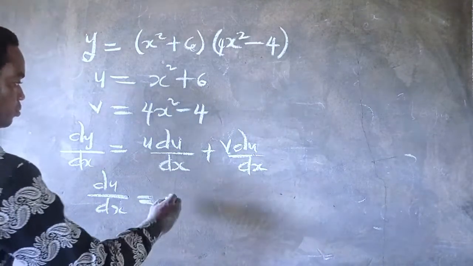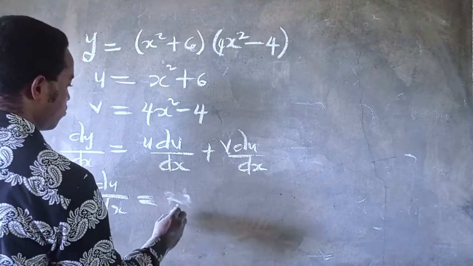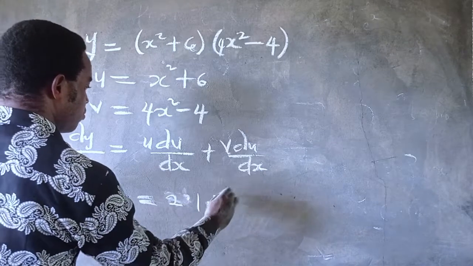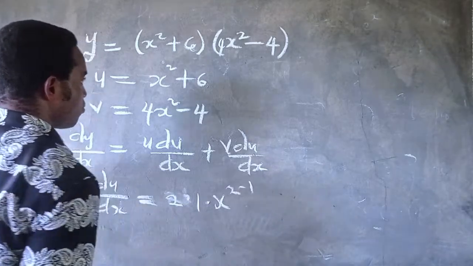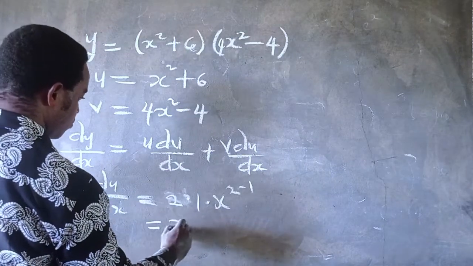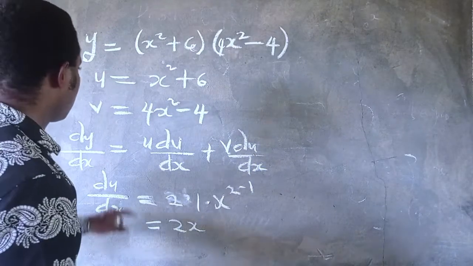So what is the differential of u? That will be 2 multiplied by 1 and multiplied by x raised to the power 2 minus 1. So that is a constant. Let us leave that. So the differential of u with respect to x is 2x.